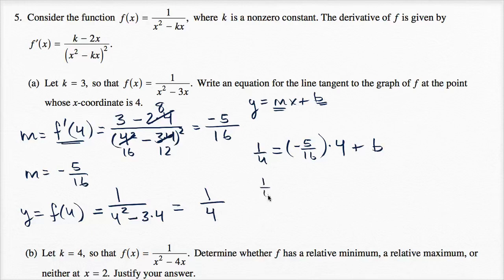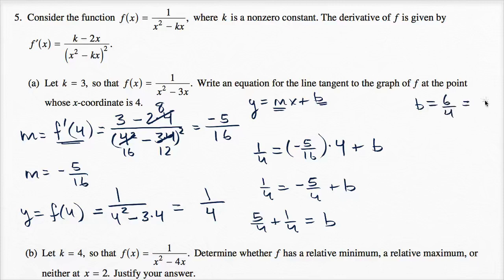We get 1/4 is equal to 4 times negative 5/16, which is negative 5 over 4, plus b. I can add 5/4 to both sides, and I get 5/4 plus 1/4 is equal to b, or b is equal to 6 over 4, which, there's a bunch of ways you could write this, we could just say this is equal to 1.5.